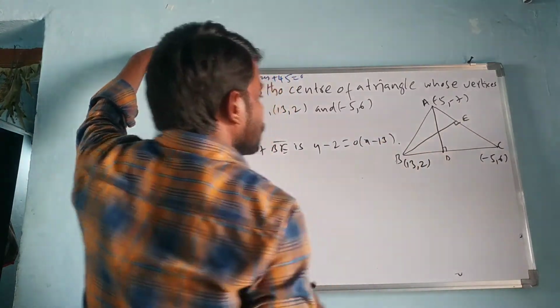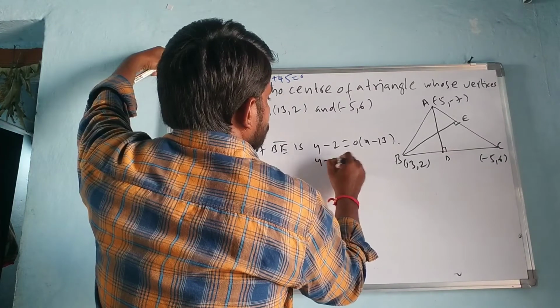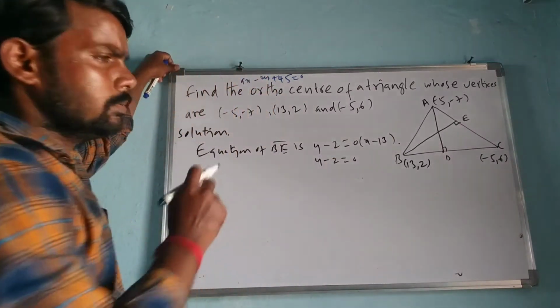Which gives y minus 2 is equal to 0. This is the equation of BE.